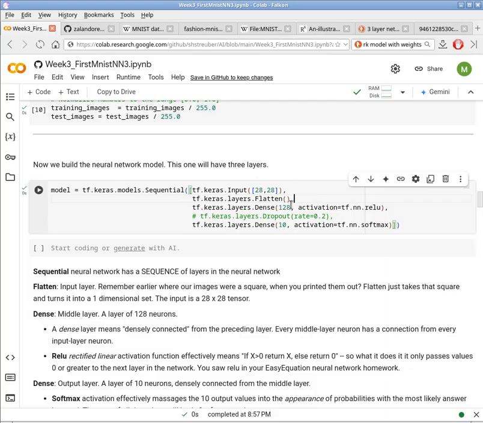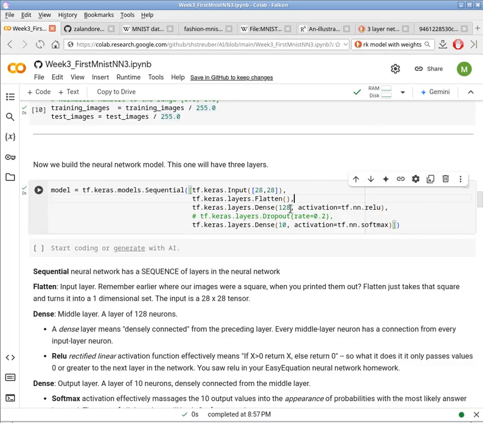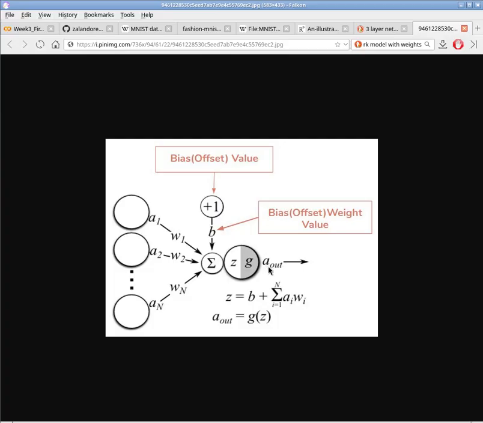Our next layer is that hidden layer. Those are the layers in the middle. We have 128 of them here. And the function in the middle is this ReLU function, which you've seen. So positive numbers just flow through, and negative numbers are turned into 0. This is the picture of how those things work.